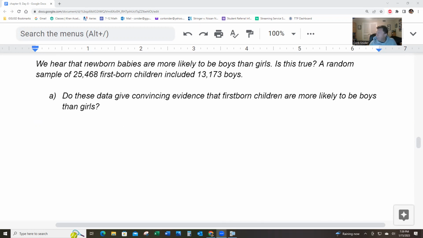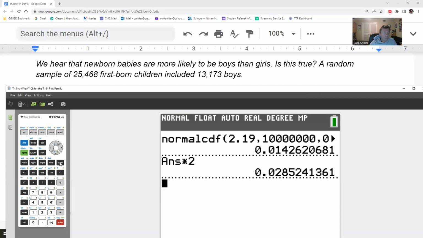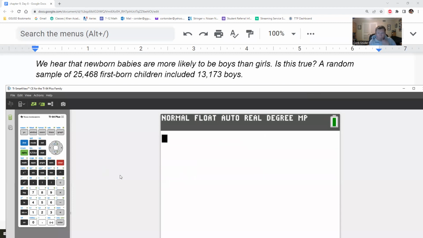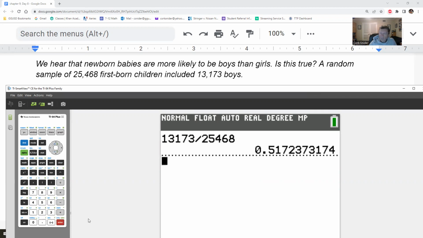Just out of curiosity, I'm going to go ahead and pump in these numbers. I'm curious as to what percentage this is. So 13,173 divided by 25,468. It's about 52% boys.